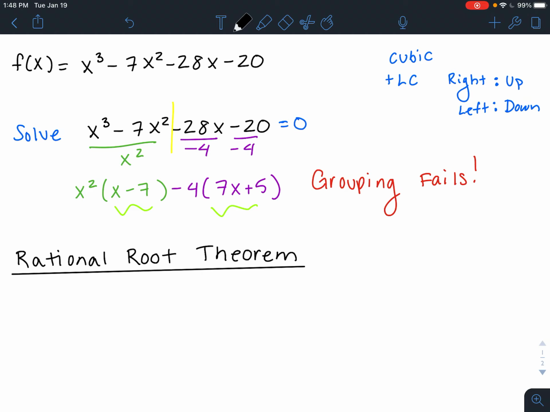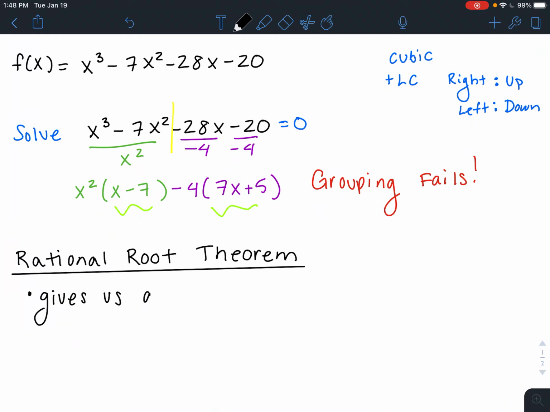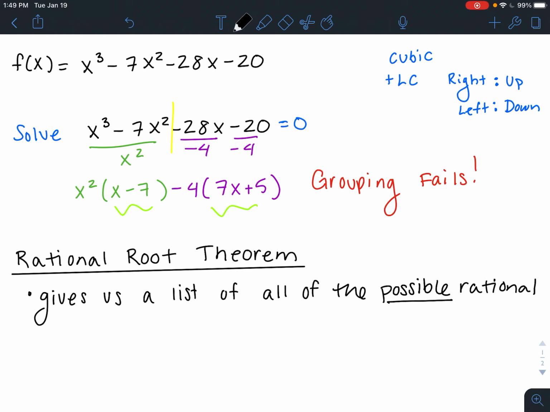If you had to solve it by hand, the rational root theorem gives us a list of all of the possible rational roots of a function. I abbreviate those as PRRs, for possible rational roots.